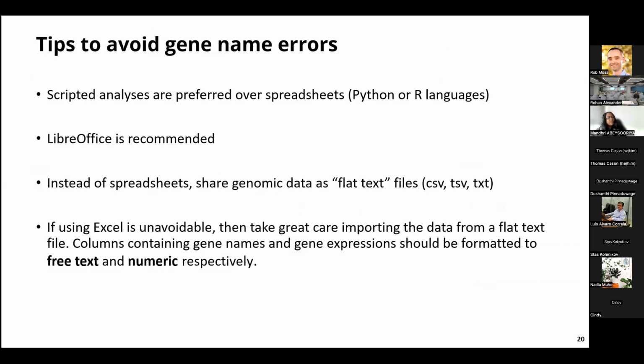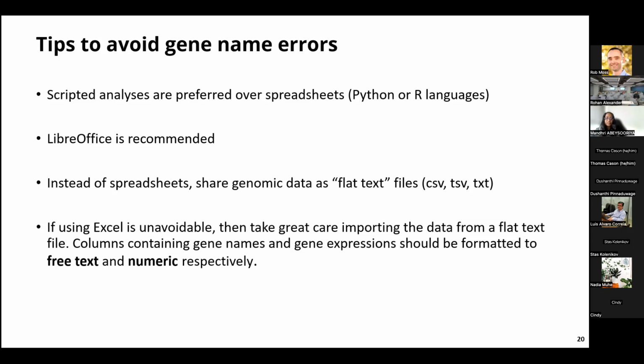So we have some recommendations to avoid gene name error conversion. Using scripted analysis with R or Python is always preferred over spreadsheets, since these languages are built to analyze and process big data. LibreOffice is also recommended and is freely available. And instead of using spreadsheets, you can share your genomic data in flat text files such as CSV, TSV, or TXT.